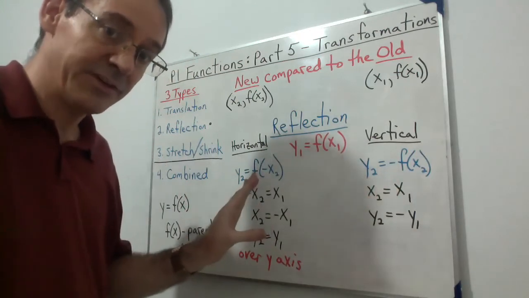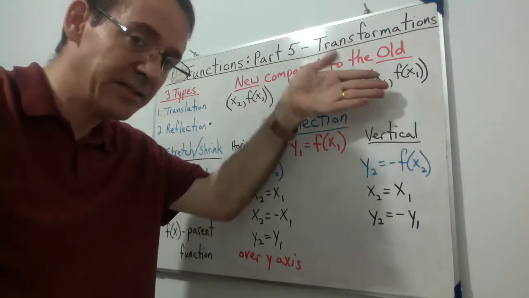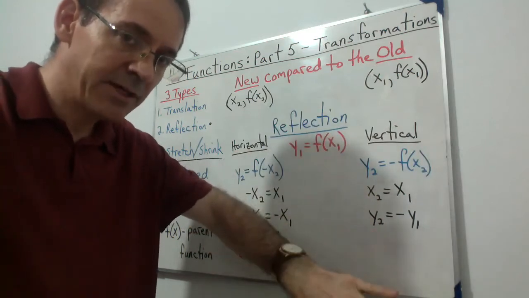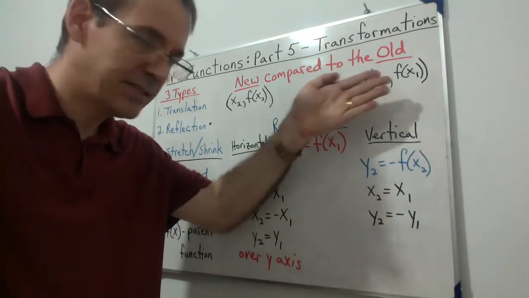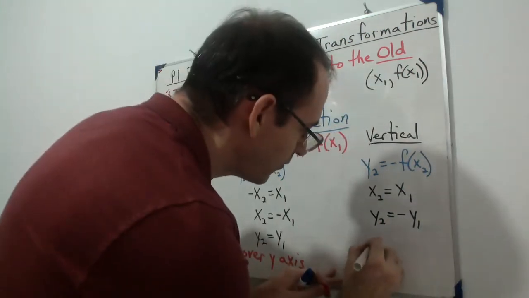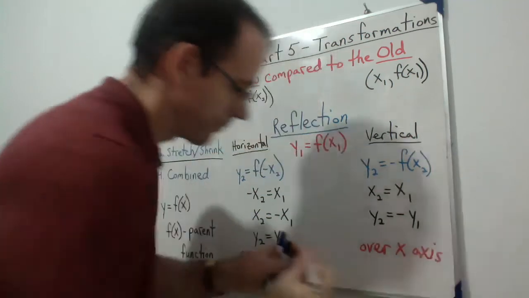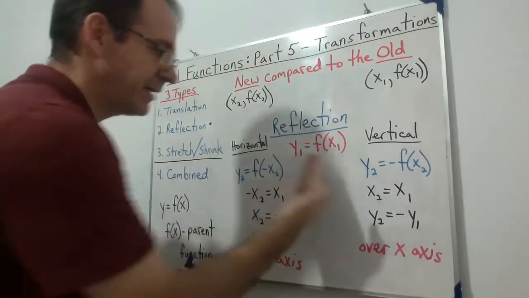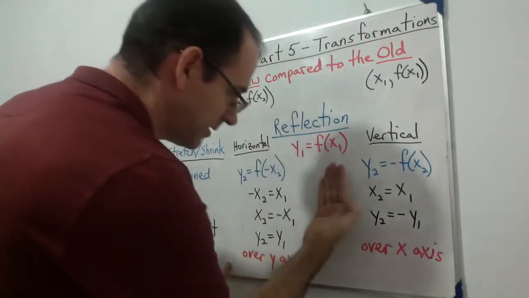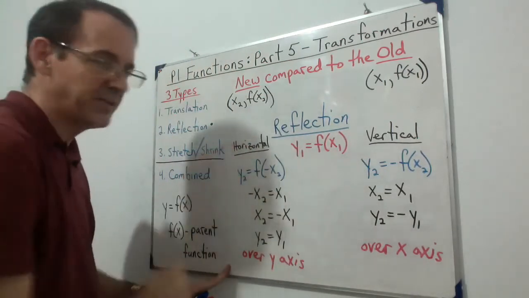If it was negative, it stayed negative. But the y values changed. So if it was positive, it became negative. If it was negative, it became positive. So what this creates is a reflection over the x-axis, okay? So if you reflect over the y-axis, or if you reflect, here's your y-axis. If you reflect over the y-axis, you're going horizontally.